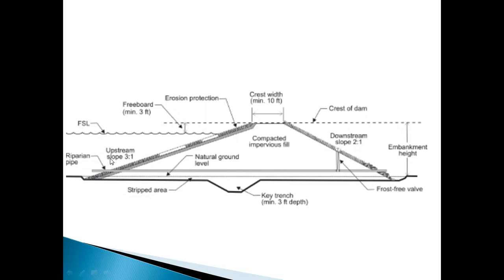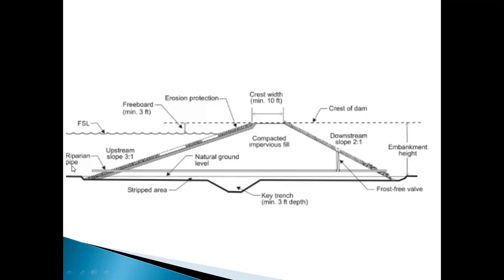The preferable slope is 3:1 on the upstream side because it stores heavy water compared to downstream, so we prefer the 3:1 ratio on the upstream side and 2:1 on the downstream side.